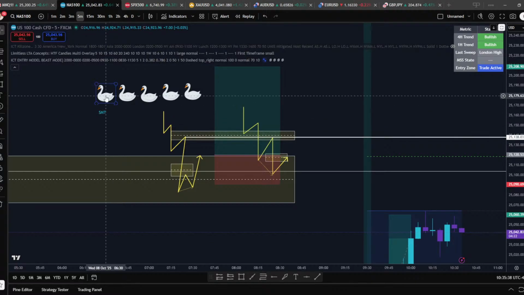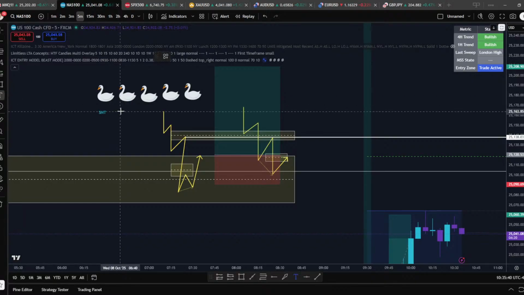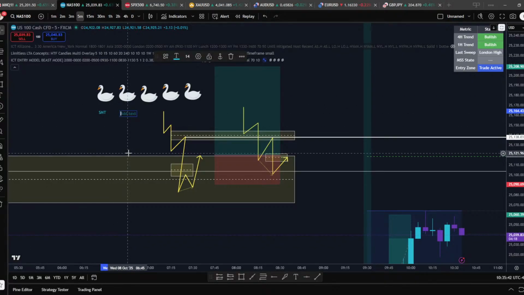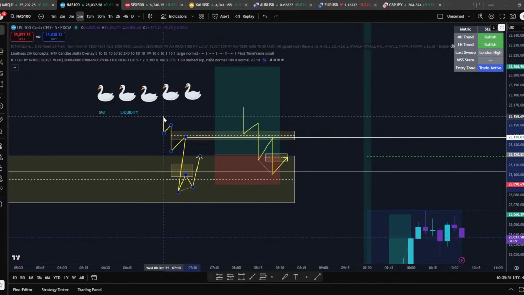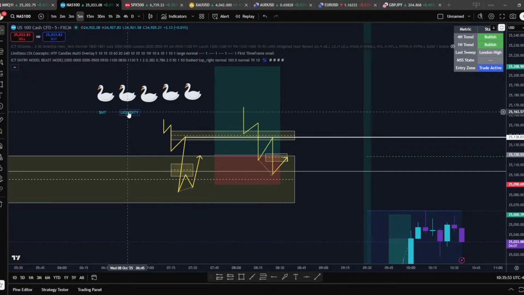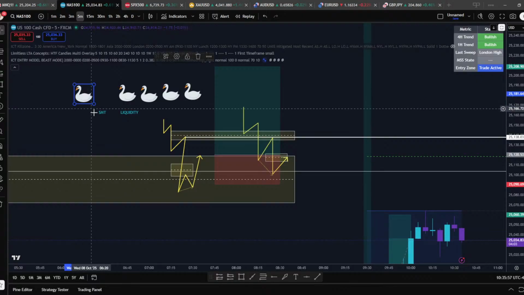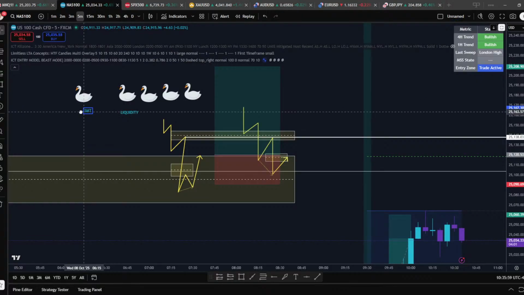SMT liquidity, SMT liquidity. Let's just do this so we get a little bit more space.